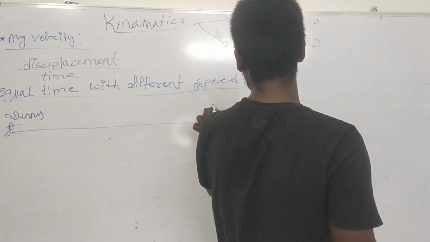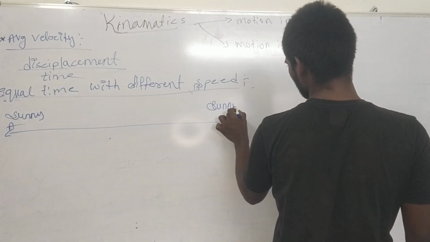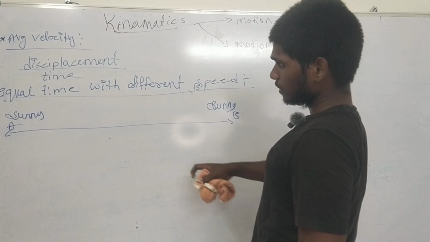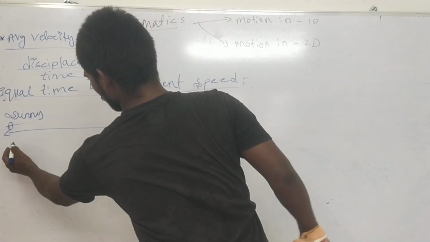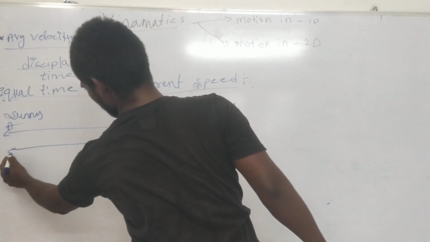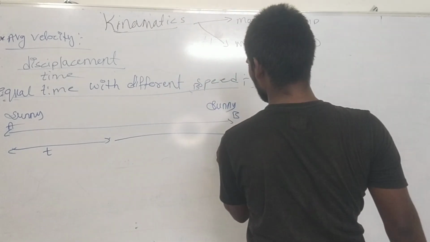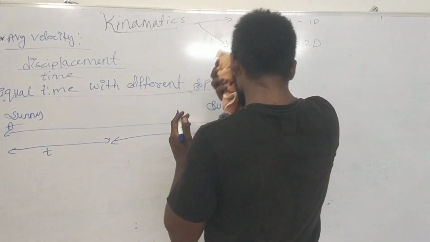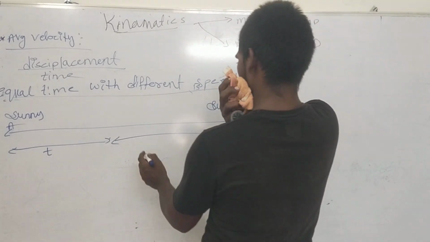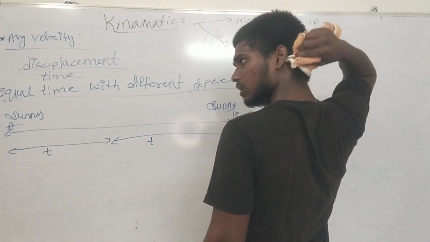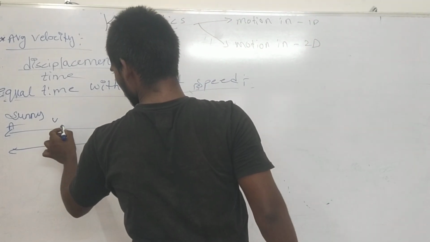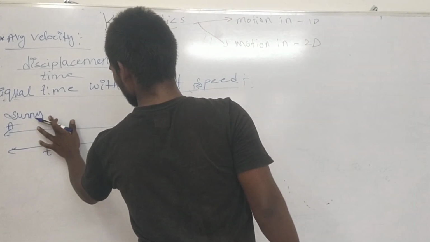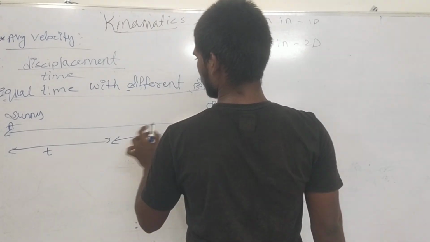Sunny is traveling from A to B. The condition is equal time. So the first half of the time is T and the second half of the time is T only. Same, right? So this is V, and this is a different speed.